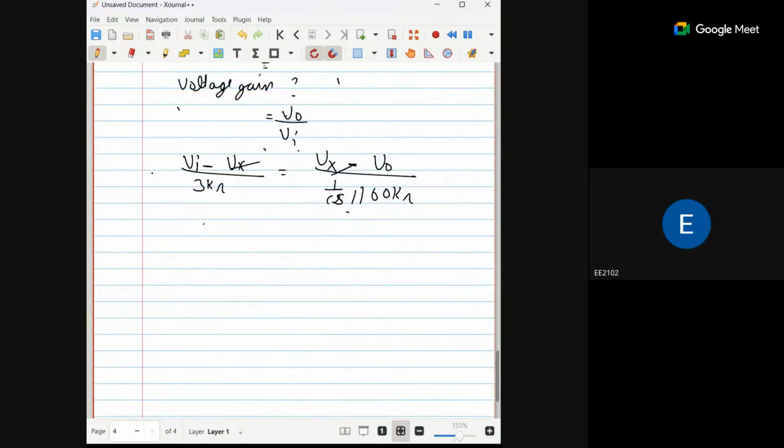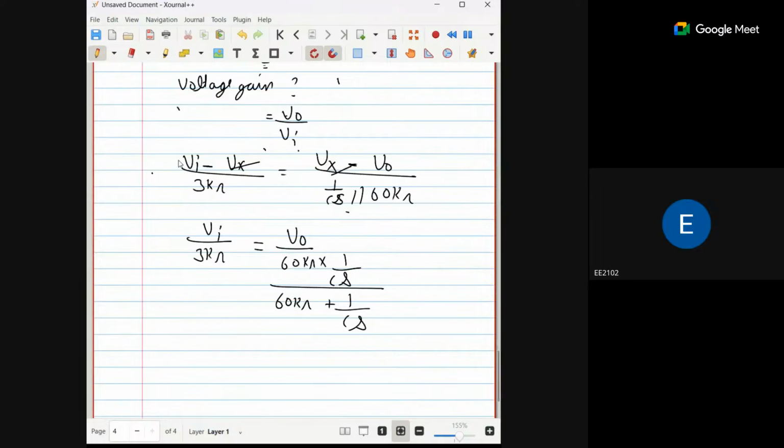So Vi upon 3 kilo ohm equals V naught upon 60 kilo ohm into 1 upon CS upon 60 kilo ohm plus 1 upon CS.